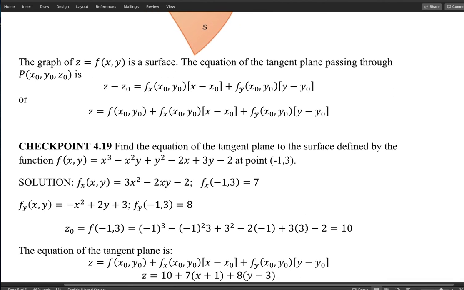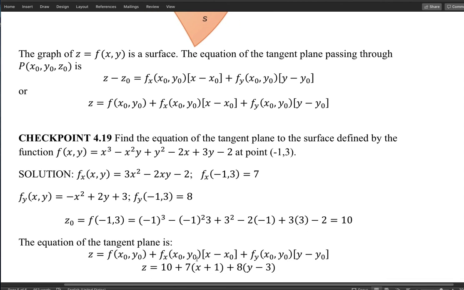And then finally, the equation of the tangent plane can be written as follows. I copied the equation of the tangent plane, using the arrangement from the textbook, but the other one is really the same. Z equals 10 plus, this part is a single number, the partial derivative with respect to x at the given point, times x minus negative 1, which is x plus 1.